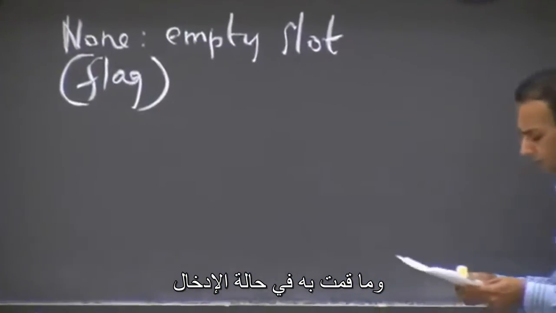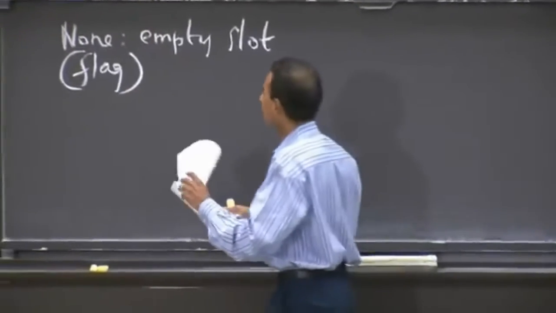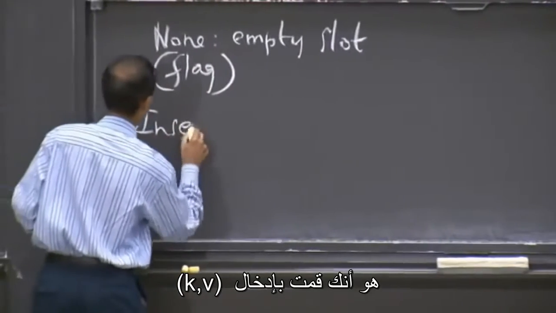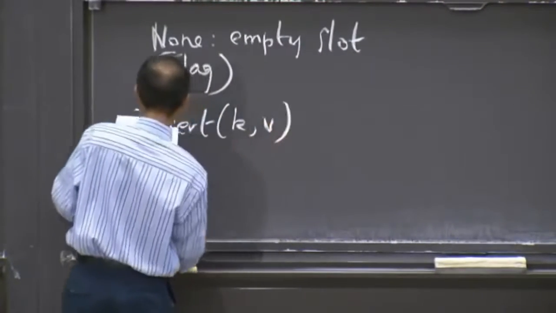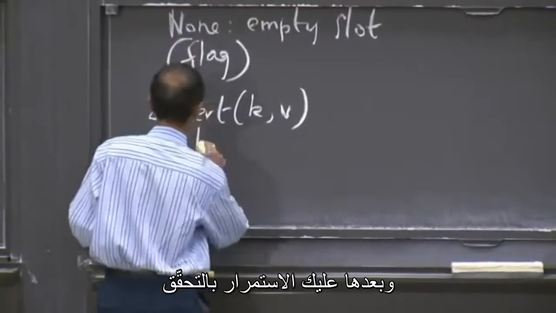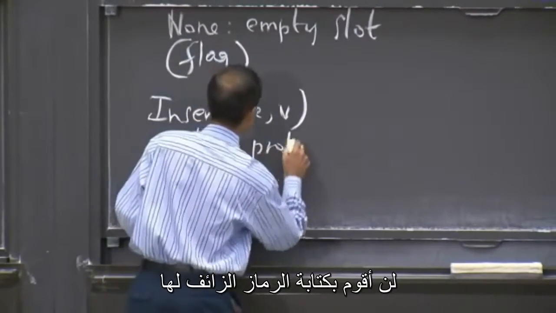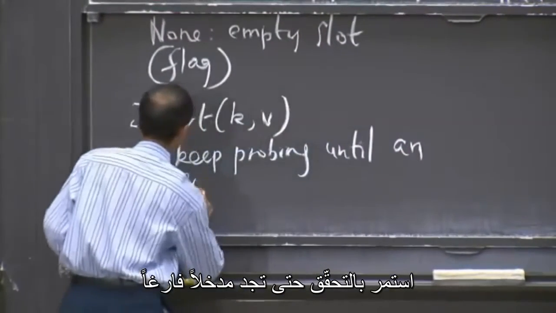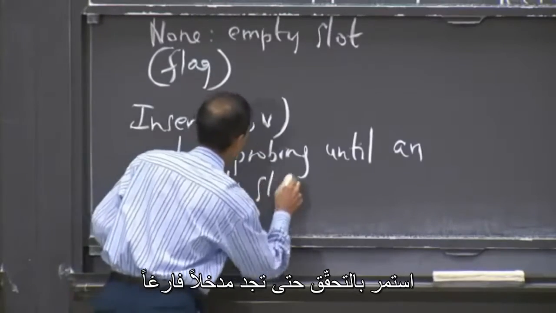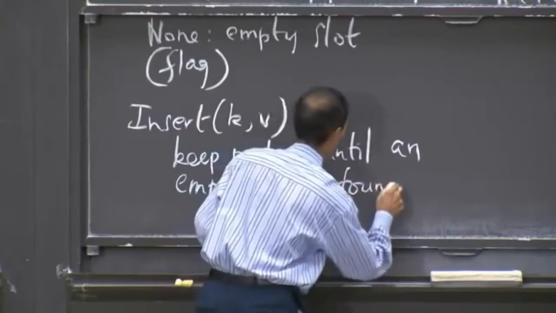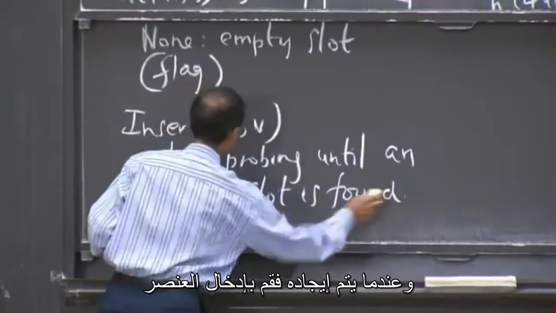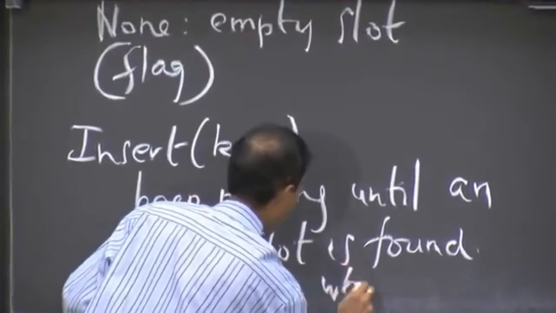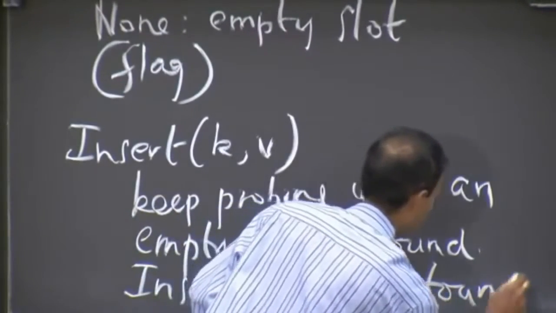In the case of insert, what you did was insert KV would say, keep probing until an empty slot is found, and then when it's found, insert the item. I'm not going to write the pseudocode for it.